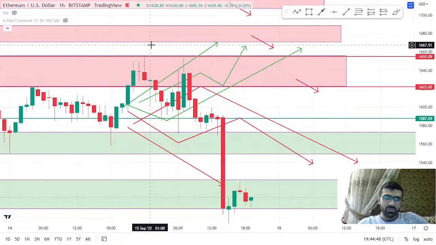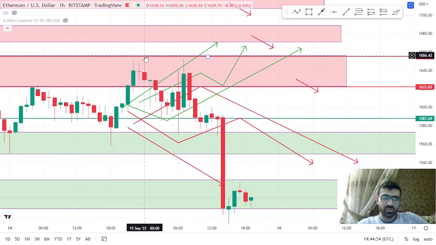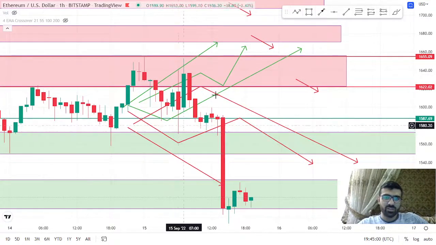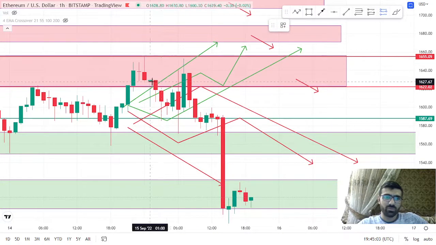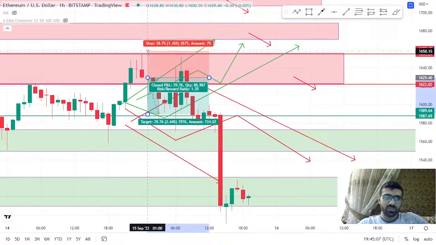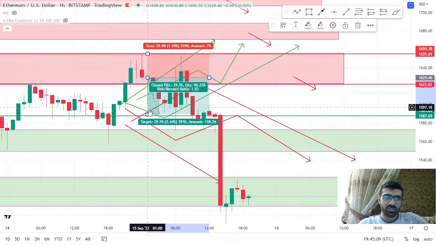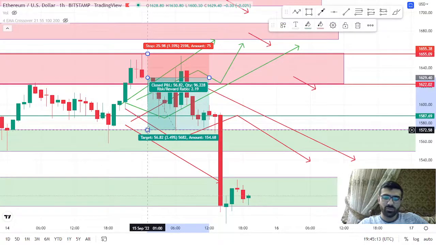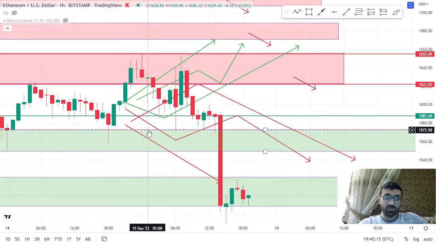Okay, and after that we gave you a selling scenario. If market closes touches this area of resistance, you can clearly see that market closes below this area and market went all the way till here. So the profit would be approximately, let me just mark this area, your take profit would be approximately 2.1% if you would have sold from here.